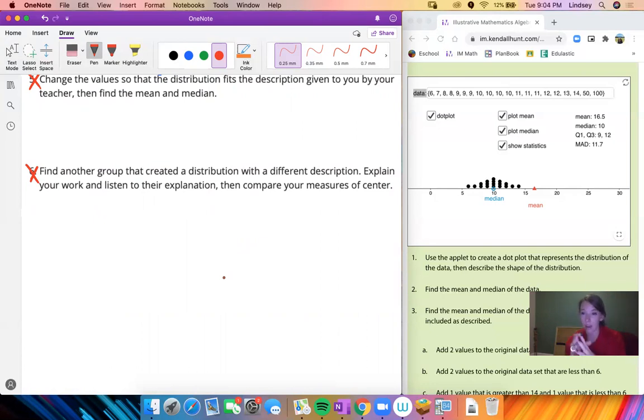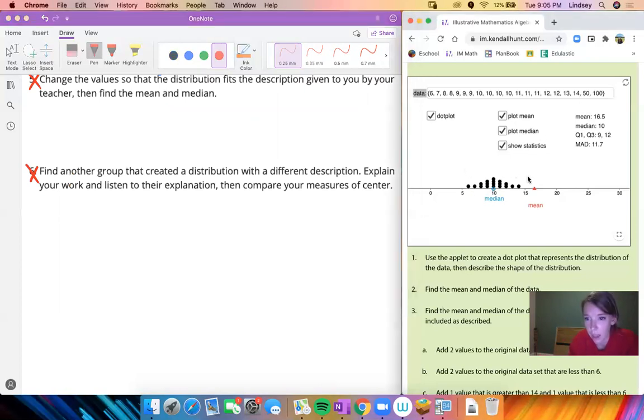What we've talked about from our goals is that based off of the different distributions of the data, we're going to look at certain measures of center, the mean or the median. So when I looked at data that had really high highs and really low lows, look over here at my graph. If I zoom out, I can see those values that we added in, at 50 and 100.